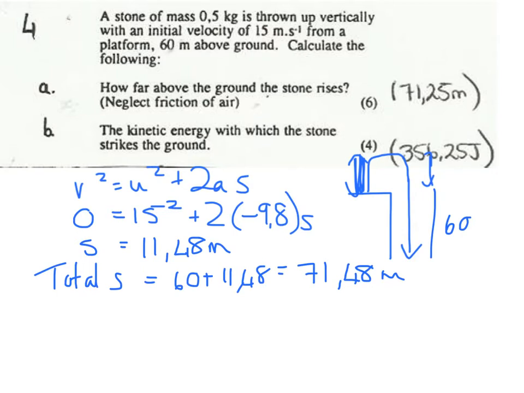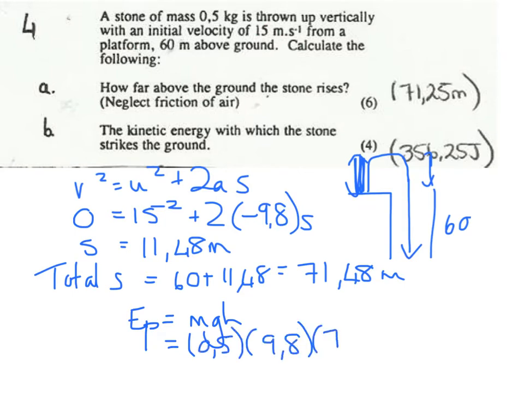So let's see what information we can get. The first thing is that the kinetic energy is equal to the potential energy at the top of the entire journey, is equal to the kinetic energy at the bottom of the entire journey. So if I go EP is equal to mgh, I am going to say that it is the mass of this object, which is 0,5, times 9,8, times the entire height at the top of the journey.